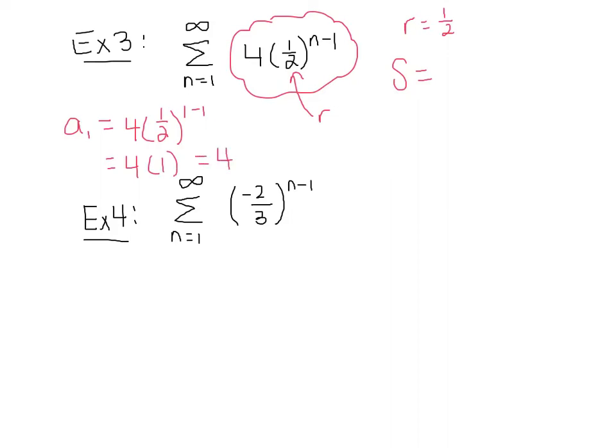You can also take that straight from the formula, that this very first number is your a sub 1. So a sub 1 is 4, and we put that in the numerator over 1 minus r, which is 1/2. If you type this in on your calculator, you get 8.